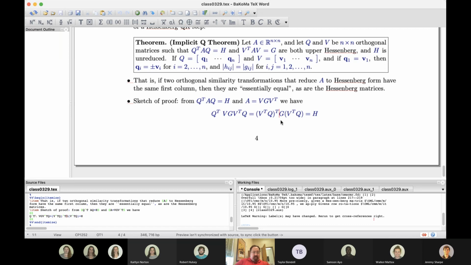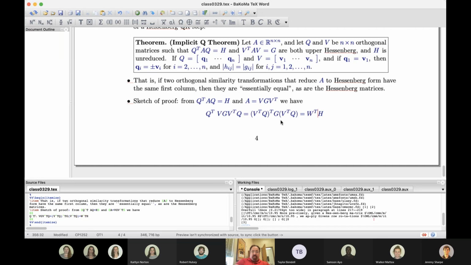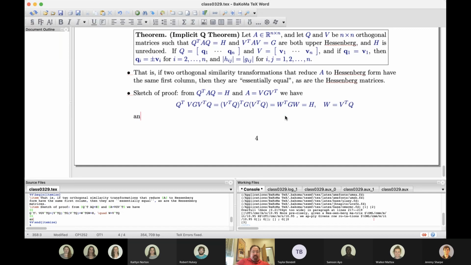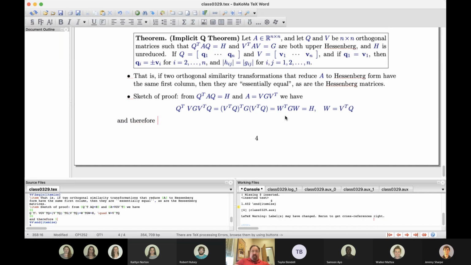I can label this matrix W. Now I can rearrange this to give GW equals WH.